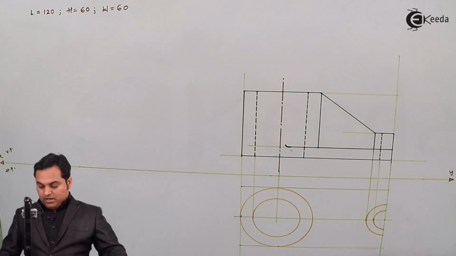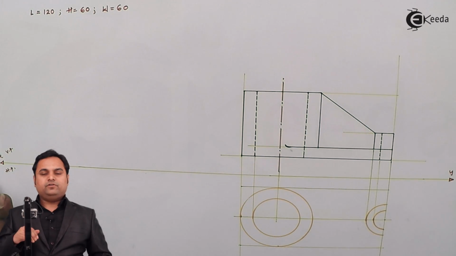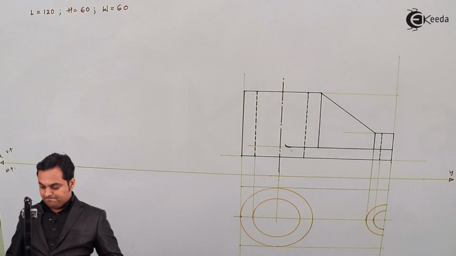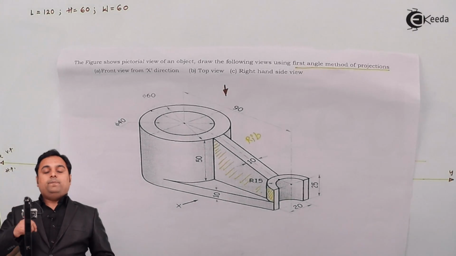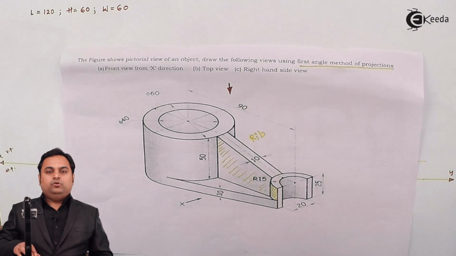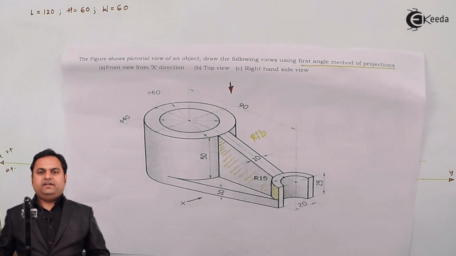Then after completing this, when we are looking from top, this rib which is inclined will also be visible. By looking from the top, the rib which is inclined will look like a straight rib, straight rectangle.